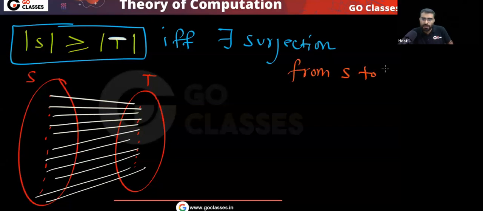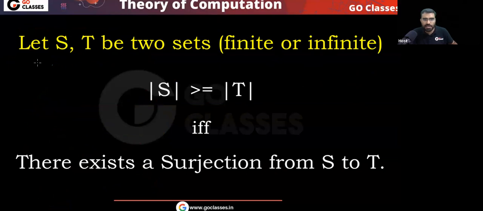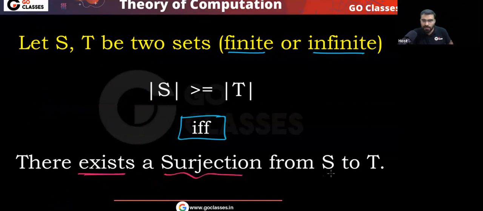From S to T. Okay, so this is the point. If you have two sets S and T, finite or infinite, the cardinality of S is greater than or equal to the cardinality of T if and only if there exists a surjection from S to T.